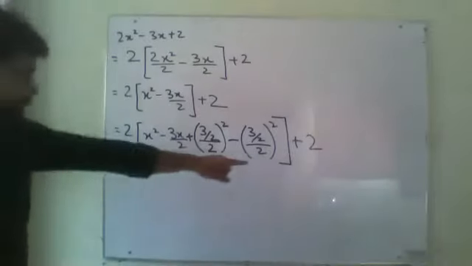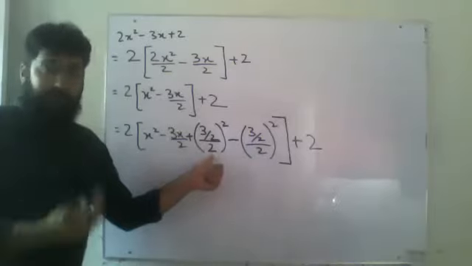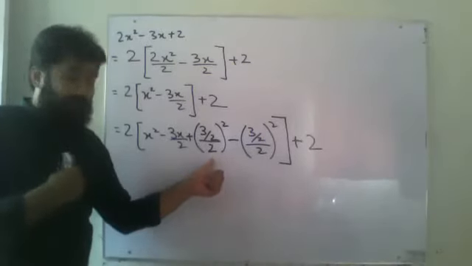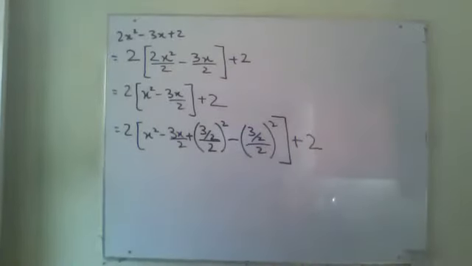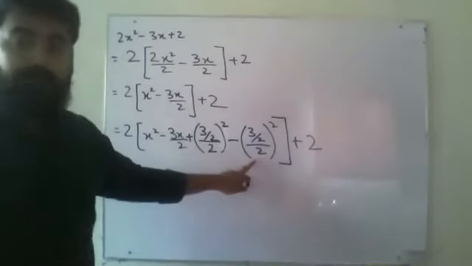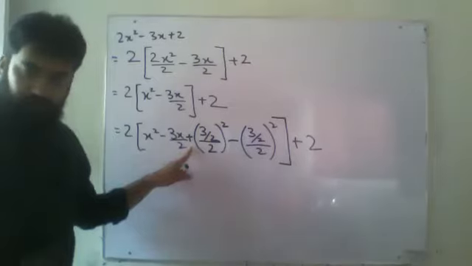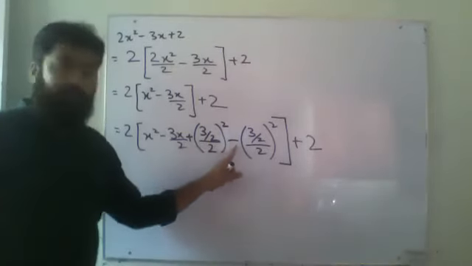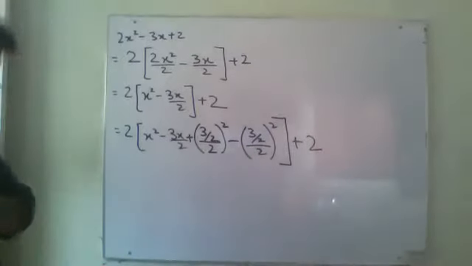I have added something by myself, so I have put the counter addition here also. This was added, written by myself, so I have written it in minus form also. Right? Next step.